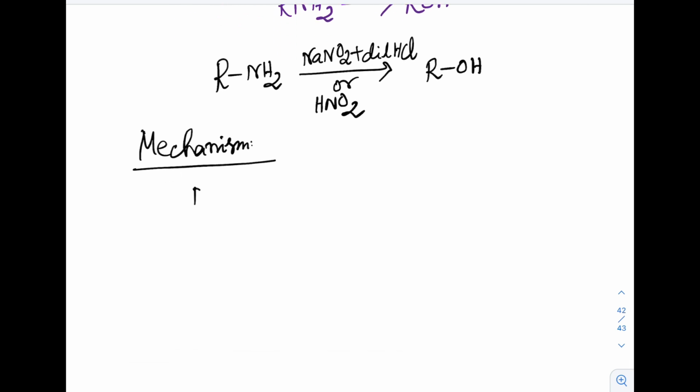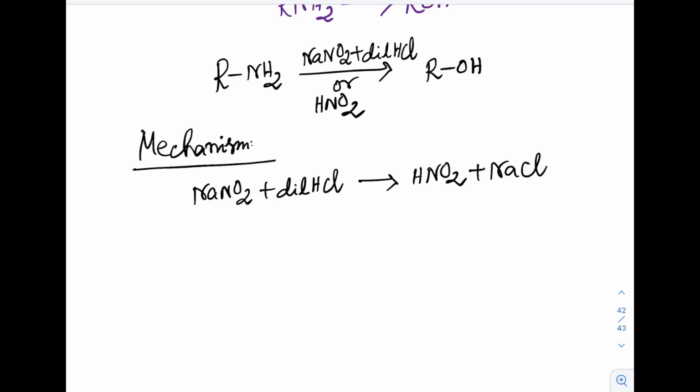At first, NaNO2 reacts with dilute HCl, and a double displacement reaction occurs. It produces HNO2, nitrous acid, along with sodium chloride. So nitrous acid, its structure is this one, and this is quite unstable at normal room temperature even.